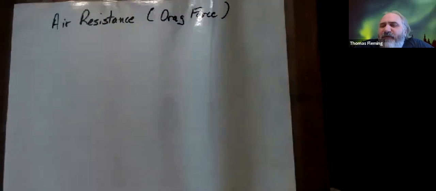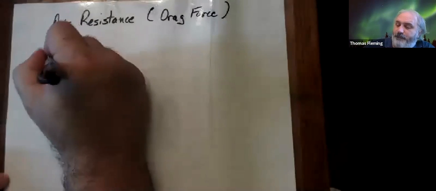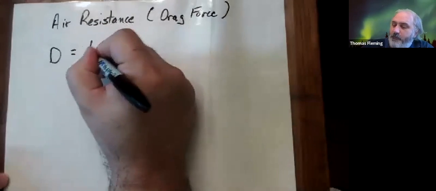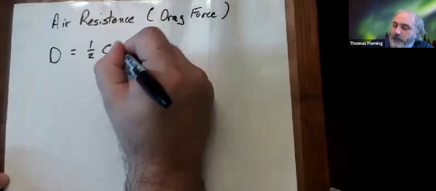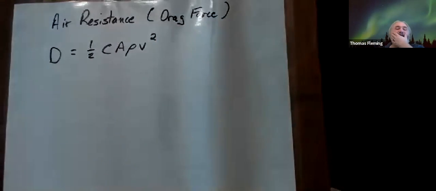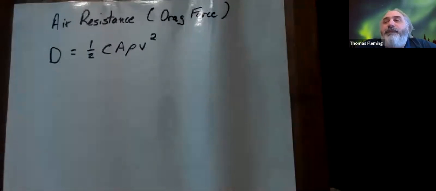But the drag force is going to depend on a number of factors. It's not always going to be the same for all objects. And here is the relationship. I'm just going to spell it out. At high speeds, that's the function that we would use to describe the viscous drag force.